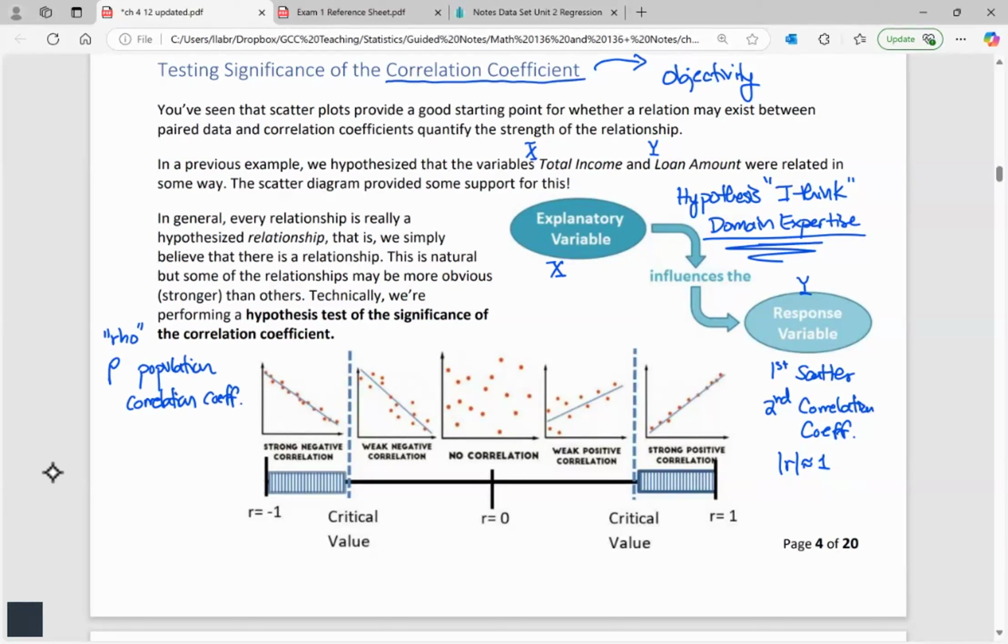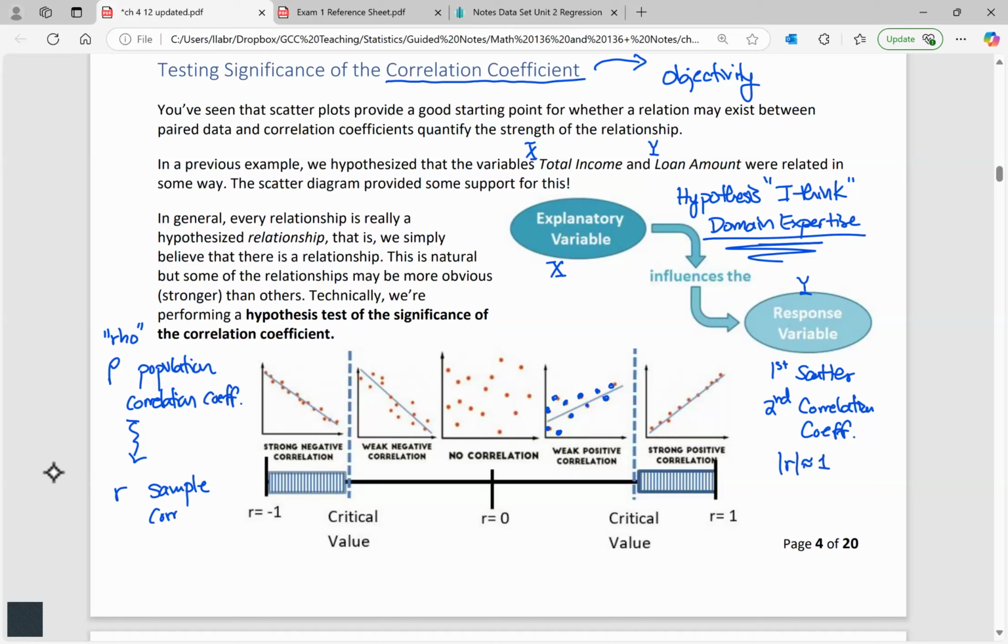But if rho is the population correlation coefficient and I sample, then I'm going to end up with my sample, and that creates this scatter plot, the X and the Y from my specific sample. And remember that there's reason for us to believe that if I take a sample from my population, I'm going to end up with the sample correlation coefficient.